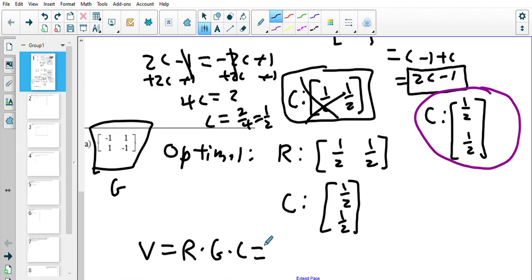I'm going to put in R for matrix A in my calculator. It'll be a 1 by 2 matrix with entries 0.5 and 0.5. Matrix B, I'll make that a 2 by 2 matrix with our game matrix G, and that's -1, 1, 1, -1. And then matrix C is going to be a 2 rows by 1 column matrix with entries 0.5, 0.5.